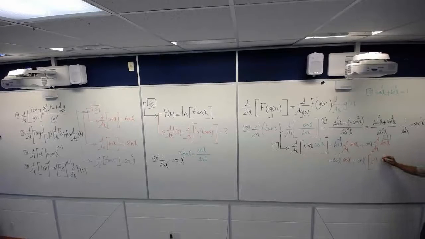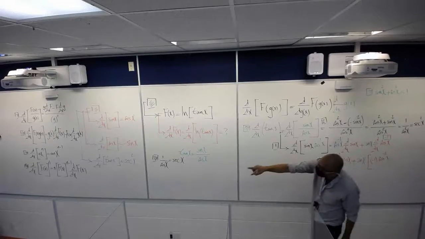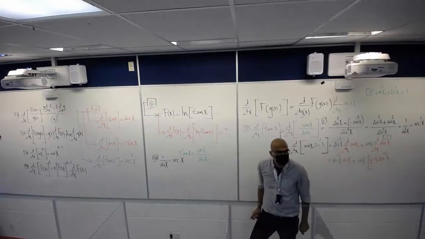My f of x is what? Cosine x. Minus 1 becomes how much? Minus 2, times the derivative of the inner function itself.